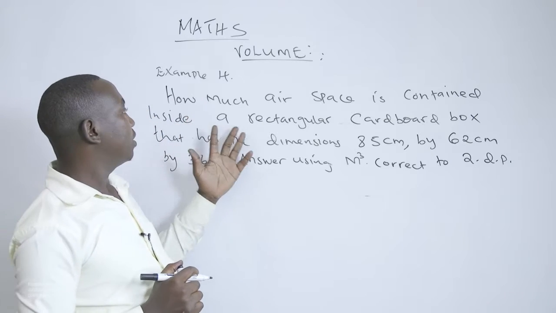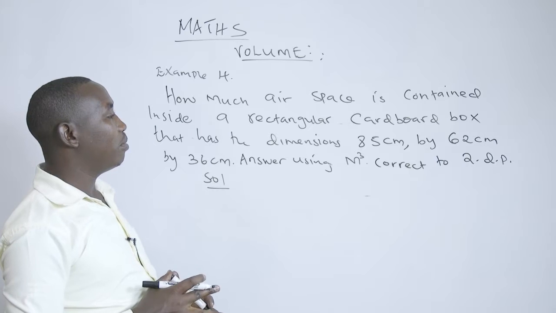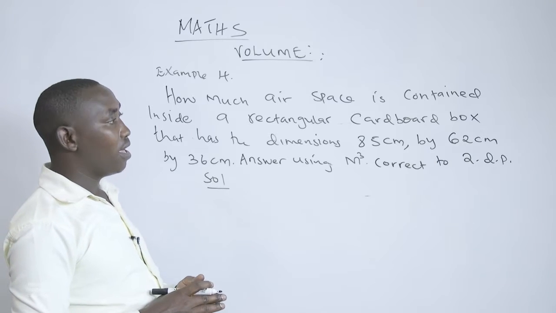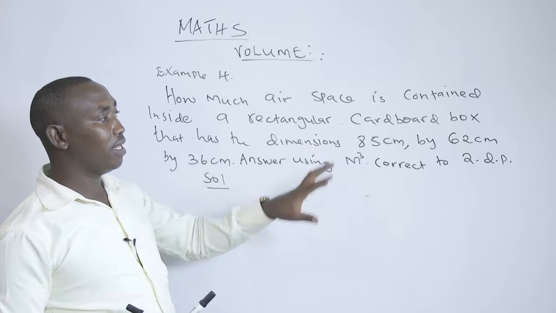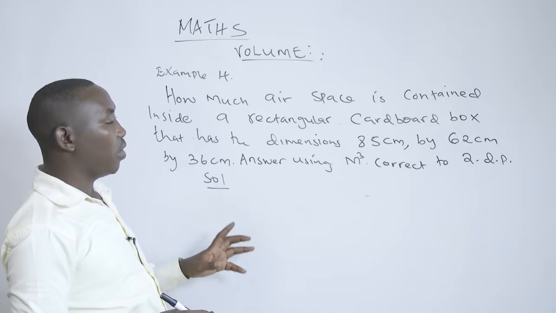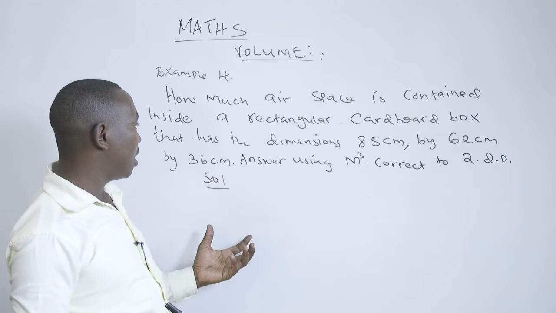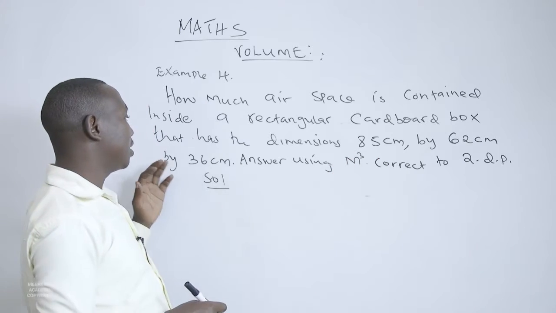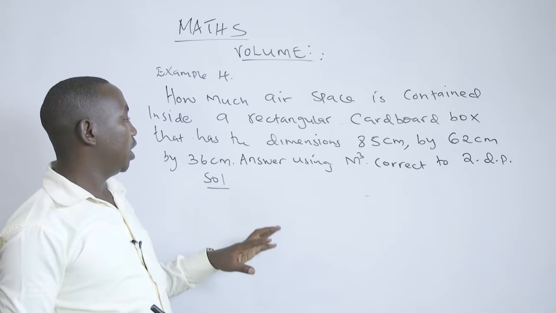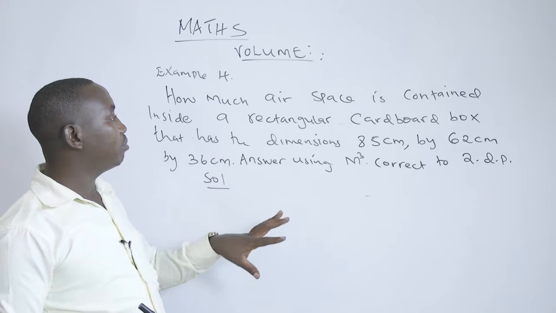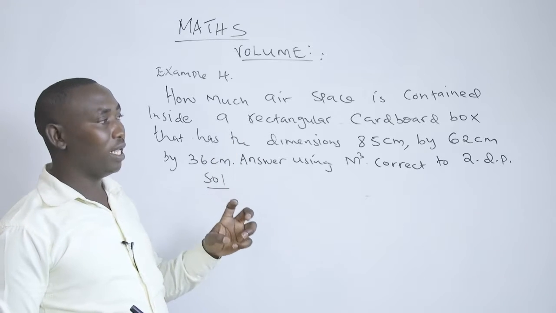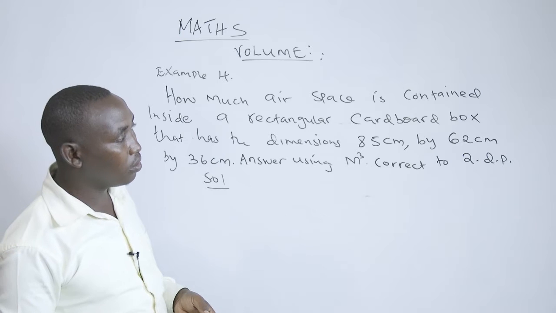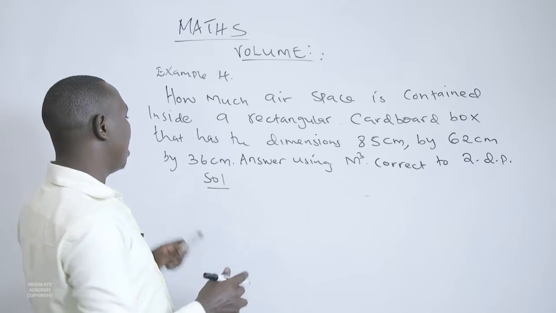So we have been asked to find the volume of the air that will be trapped inside this cardboard box, which is rectangular in shape and has dimensions of 85 by 62 by 36, which tells us that this particular cardboard box is a cuboid.